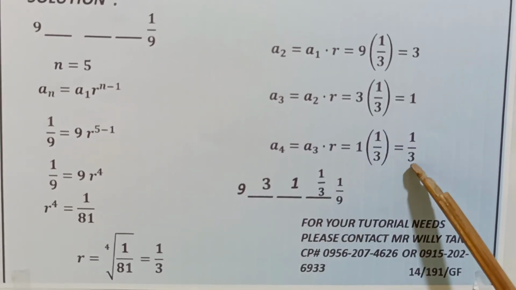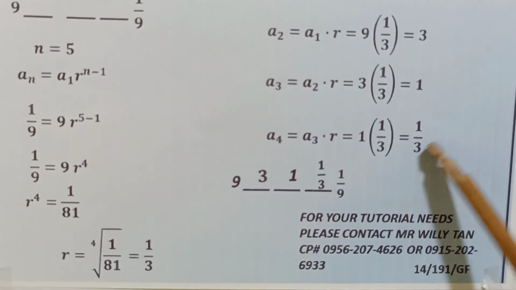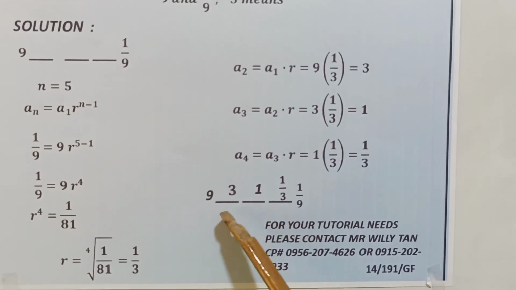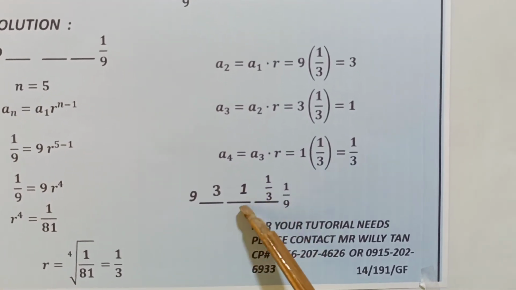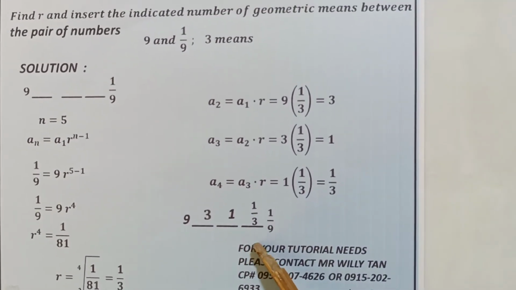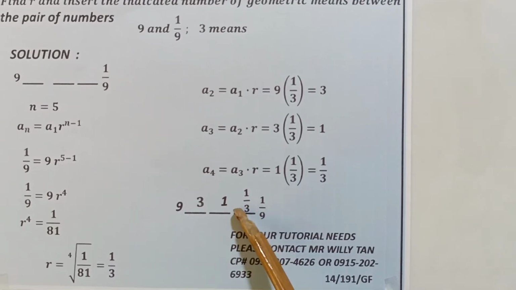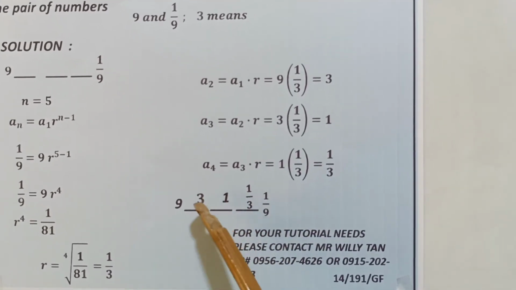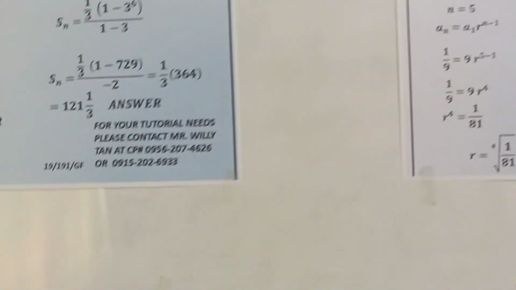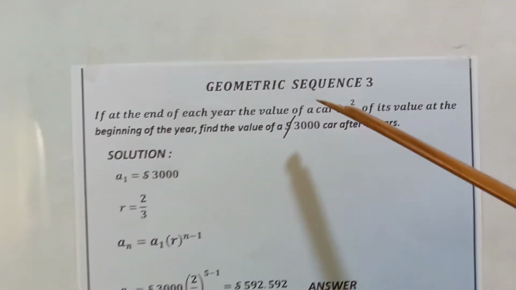The value of a sub 4 is equal to 1/3. So we just fill in the blanks here: 9, and then the next terms are 3, 1, 1/3, and 1/9. So the three geometric means are 3, 1, and 1/3.